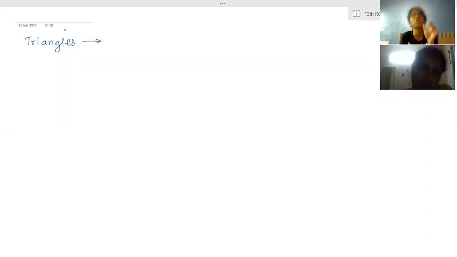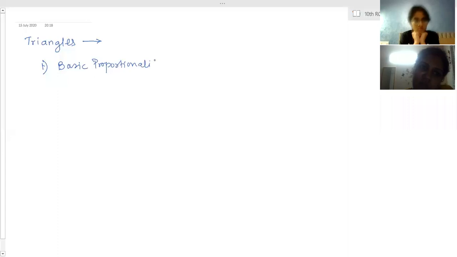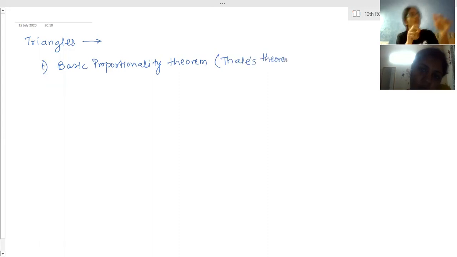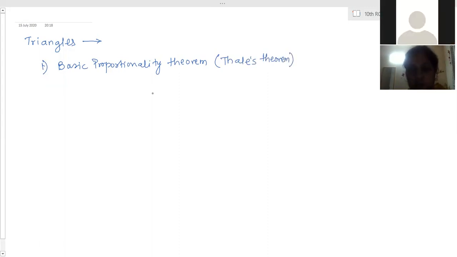So first one is basic proportionality theorem. This is also called Thales theorem, or BPT.